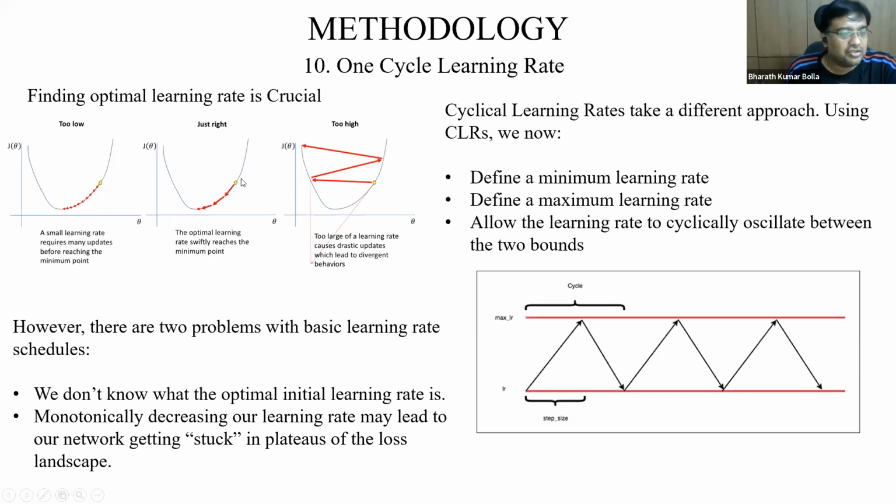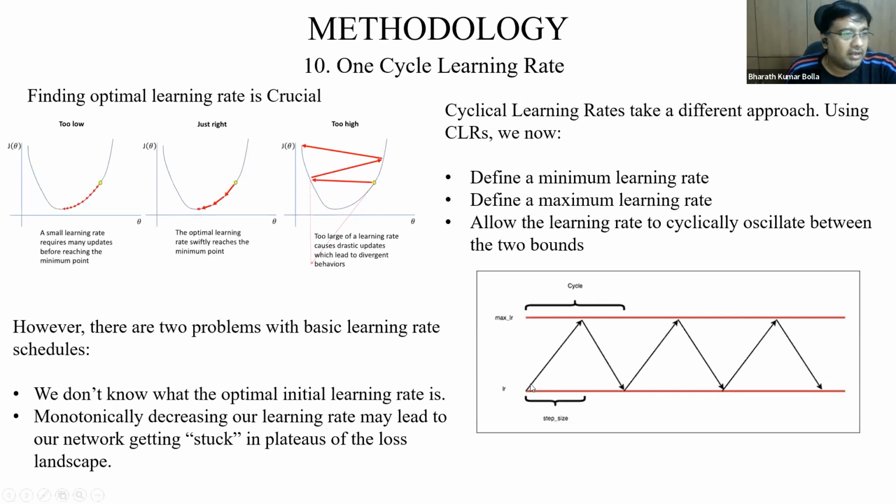The learning rate should generally be higher in the beginning epochs, and it should decrease as we go on. There has been a lot of optimization there, like learning rate decay and a lot of other techniques, but one technique that really helps in this process is one cycle learning rate.